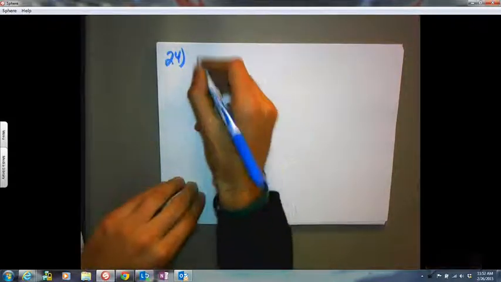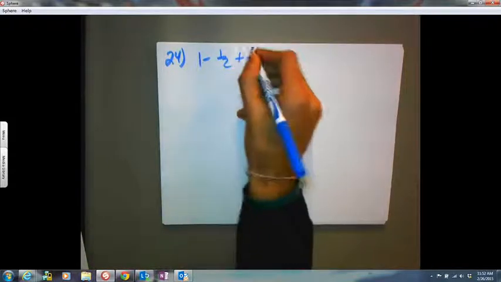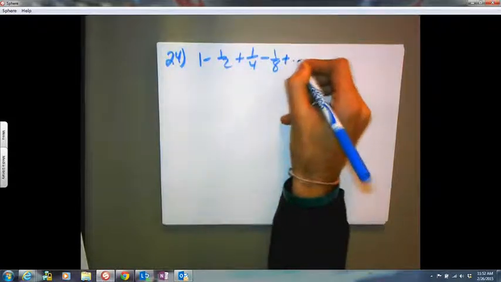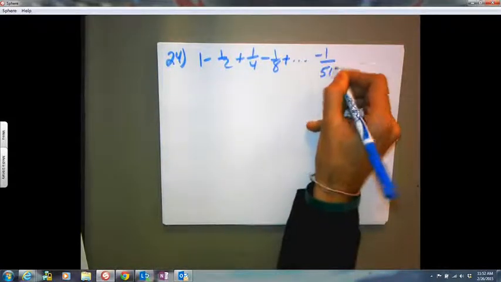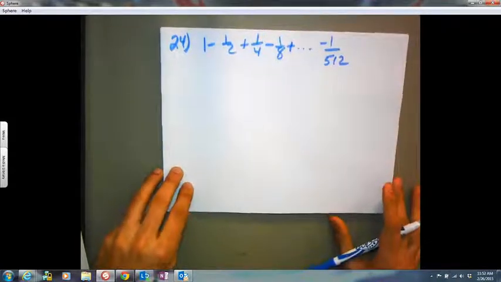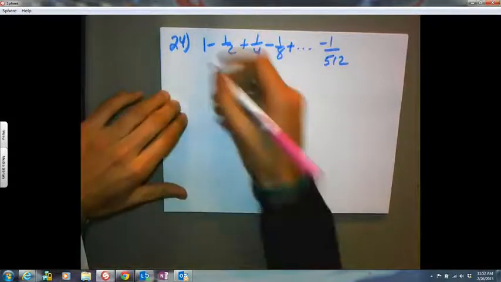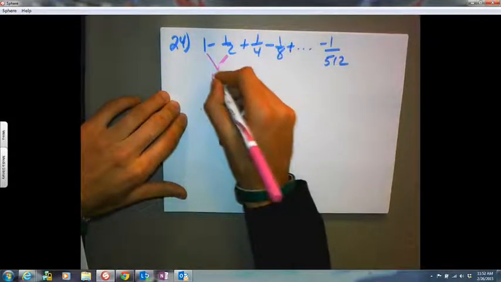Okay, so it says find the sum of this. On the exam, we won't know for sure whether it's arithmetic or geometric, so you'll have to figure that out. When you look at this, you notice that the common ratio is -1/2.